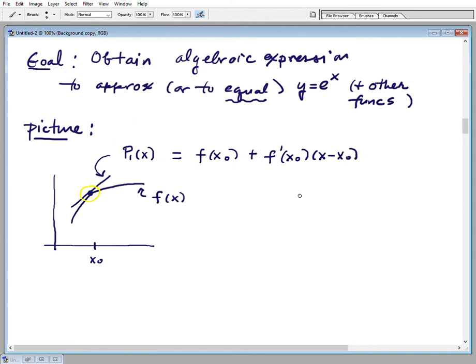All right, so here I'll just put in parentheses, we're using the equation of the line, y minus y0 equals m times x minus x0. That's what we're using here, the equation of a line, where I just put the y0 on the other side. This is the f of x0. This is f prime.